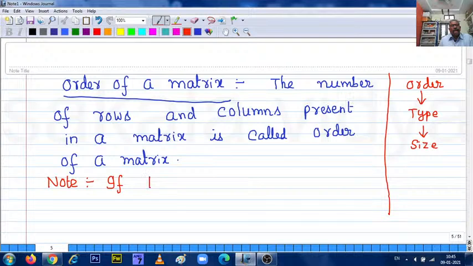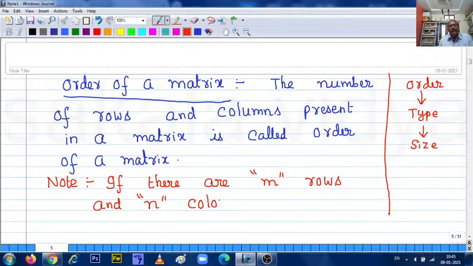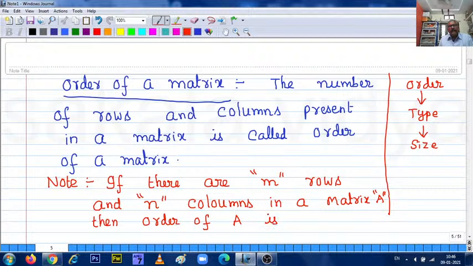If there are m rows and n columns in a matrix A, the name of the matrix is A, then the order of A is given by m by n. You need to read it as m by n, but you need to write it as m × n.